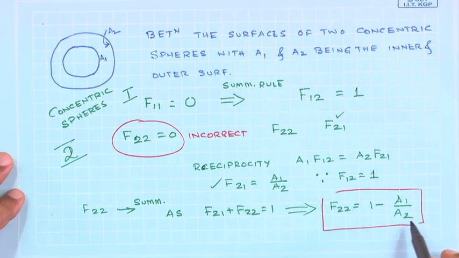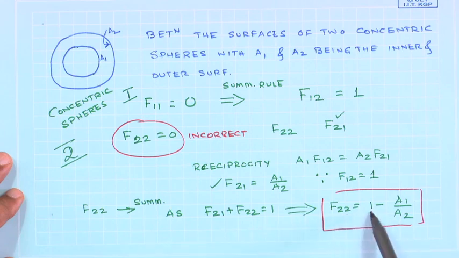Whatever we thought to be correct from an intuitive point of view, the equation corroborates. So, when A1 becomes small and A2 becomes large, F22 will have a value equal to 1.